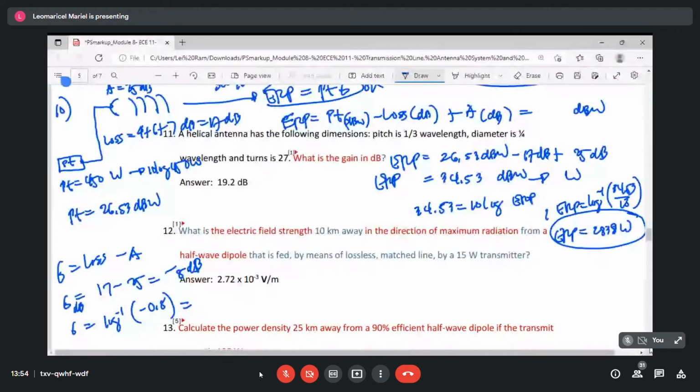O, times mo ng 450. So, shift log. O ngayon, yung ERP mo, so that would be multiplied to 838 watts or malapit.